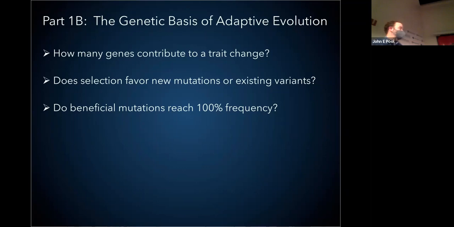Either because selective pressures changed or because the trait got where it was going and didn't need to fix all of the causative variants. So these are some of the genetic architecture questions that are really our primary focus in studying the genetic basis of adaptive evolution.